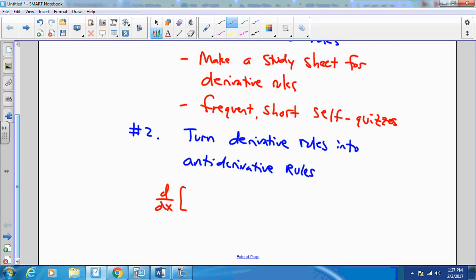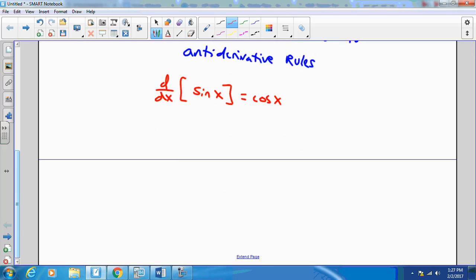Since I know that the derivative of sine x is equal to cosine x, I can turn that into an antiderivative rule by saying that the antiderivative of cosine x is equal to sine x plus the mandatory constant c.